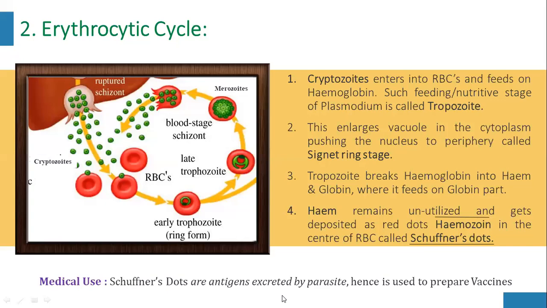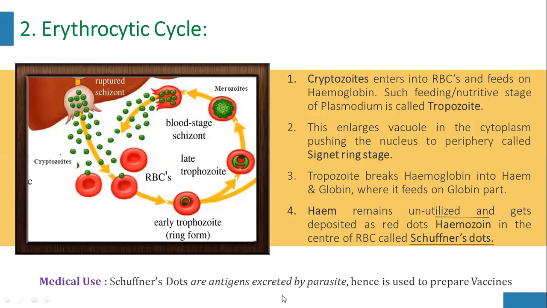So what we understood from this part: the sporozoites were added by the female Anopheles mosquito in the human body. The sporozoites travelled via the blood to the liver, divided by multiple fissions and converted into cryptozoites. They broke down the liver cells and got added into the blood again.